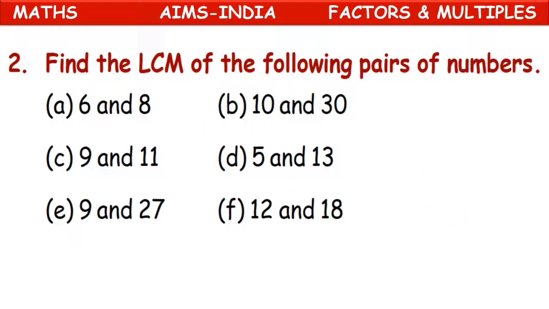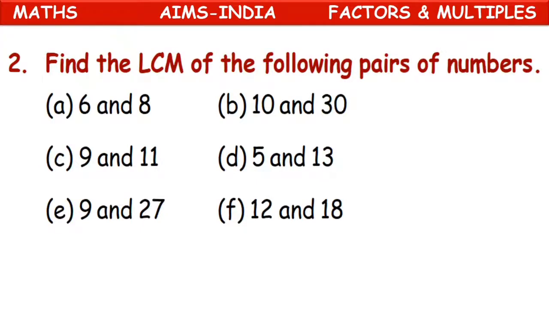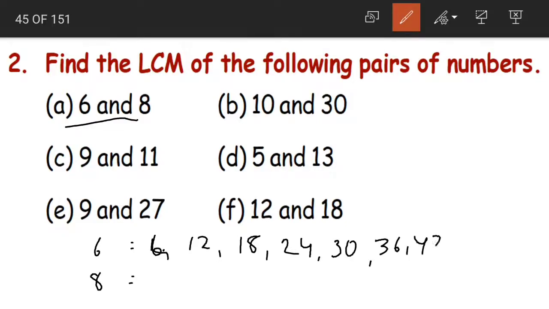Next, find the LCM of the following pairs of numbers. What should you do? Again write the common multiples. If we take 6 and 8 together, we have 6 ones are 6, 12, 18, 24, 30, 36, 42, 48.